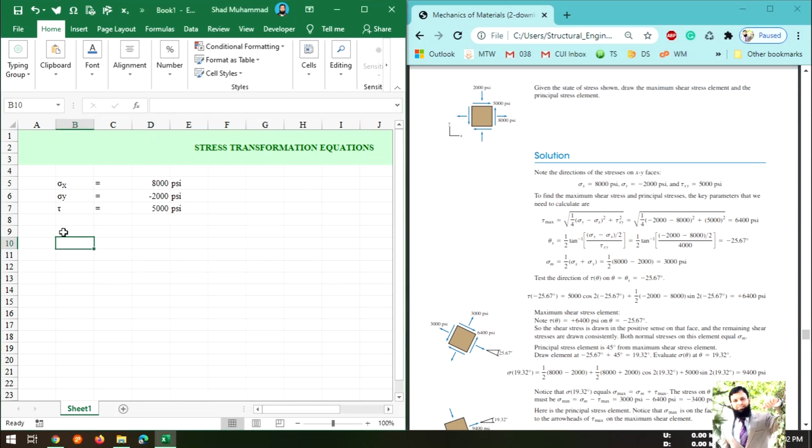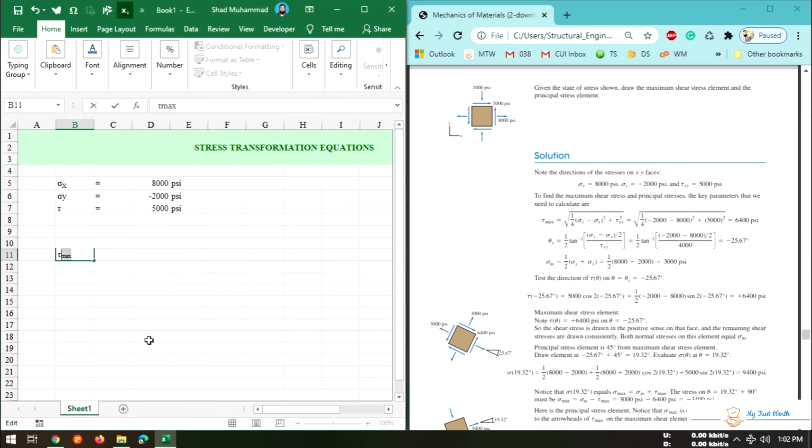Got it, and now you are going to write the tau max. Copy it over here and paste it, and you are going to write max, and select, right click, format cell, subscript, tau max equal to. Here you are going to write a formula.